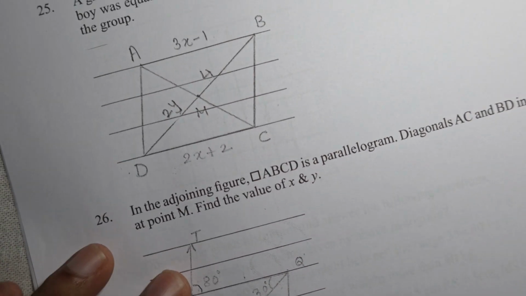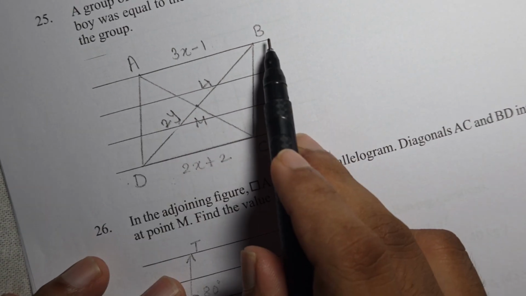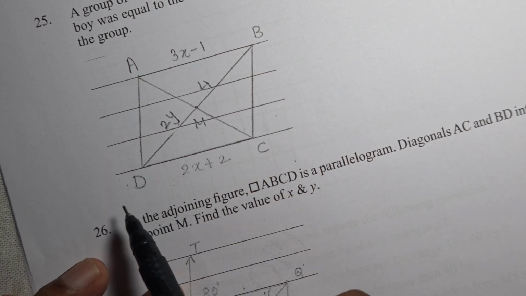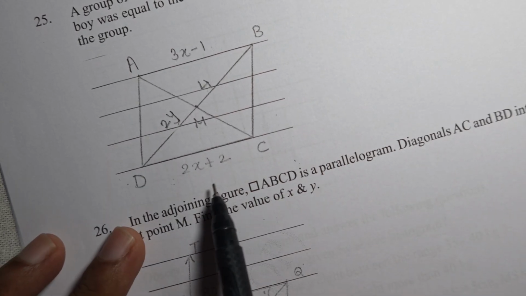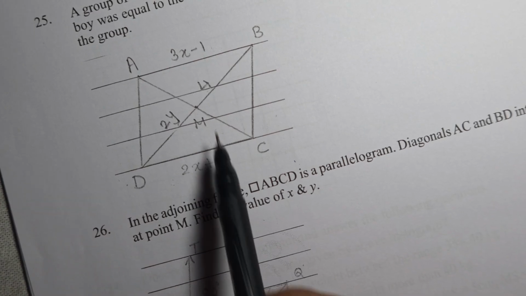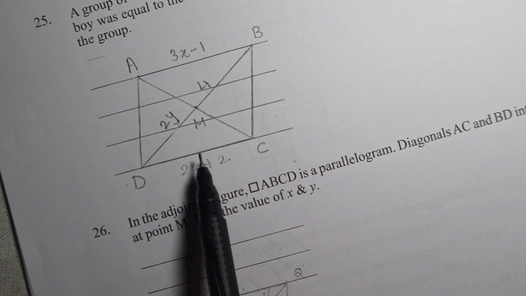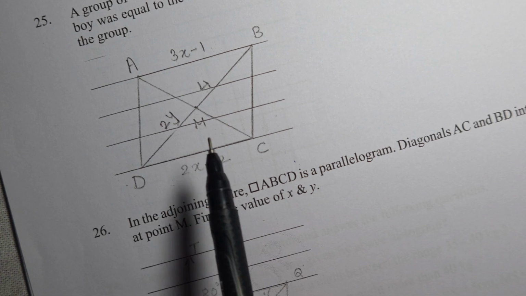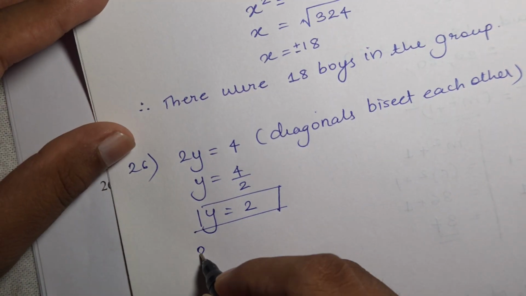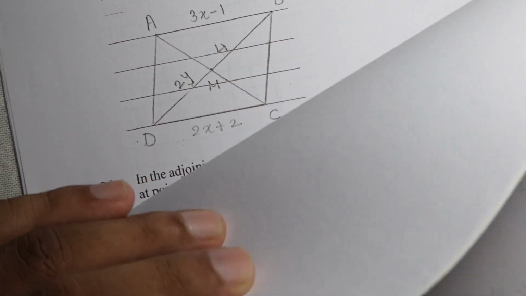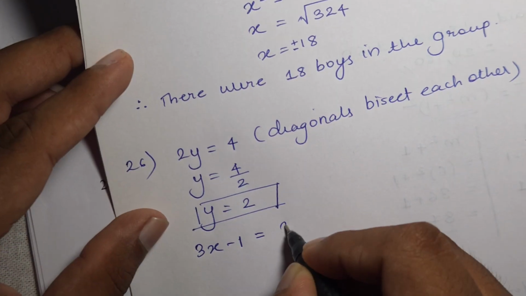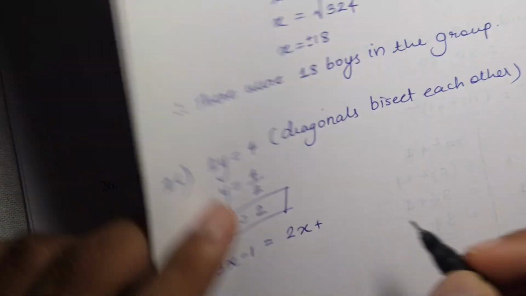Now if you see the figure, AB is given as 3x minus 1. BC is not given, AD is not given, but DC is given, 2x plus 2. Now what do I know about parallelogram is, opposite sides are also equal. So I can say 3x minus 1 is equal to 2x plus 2.